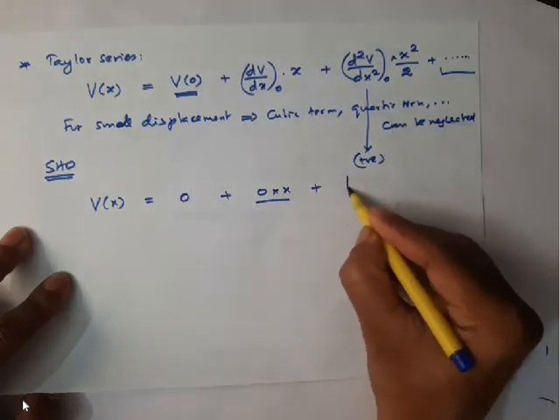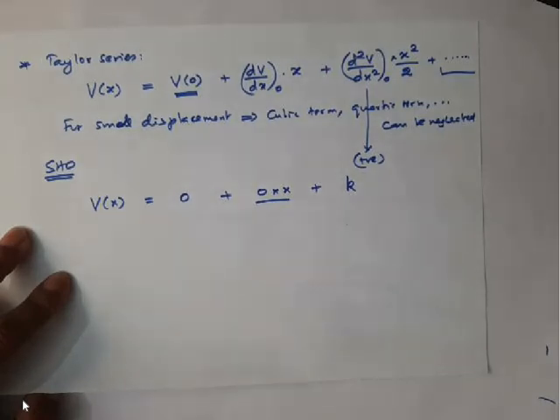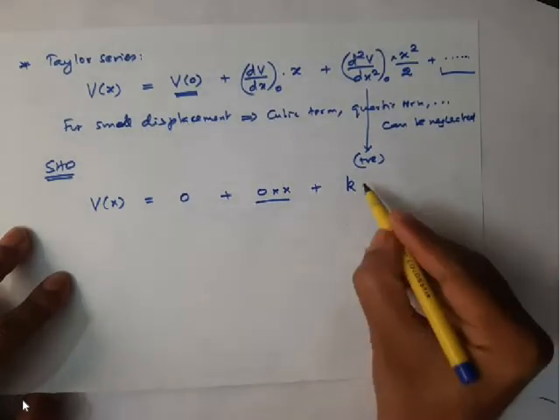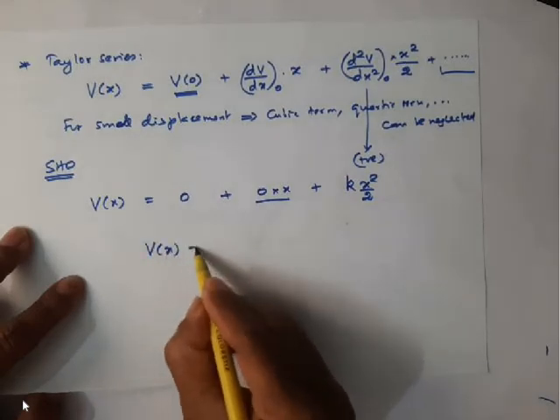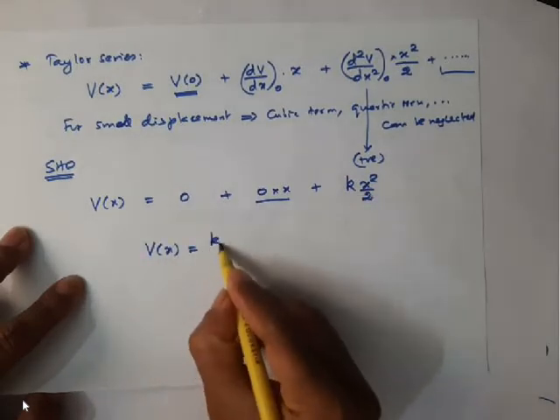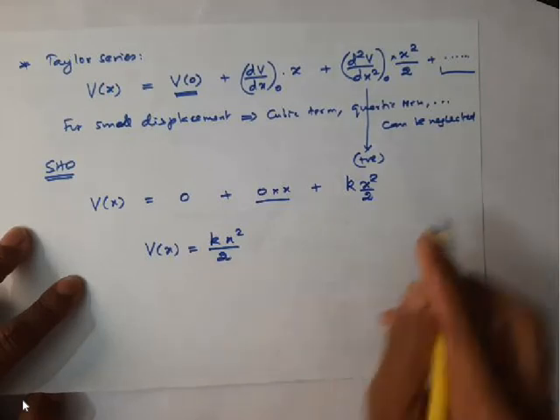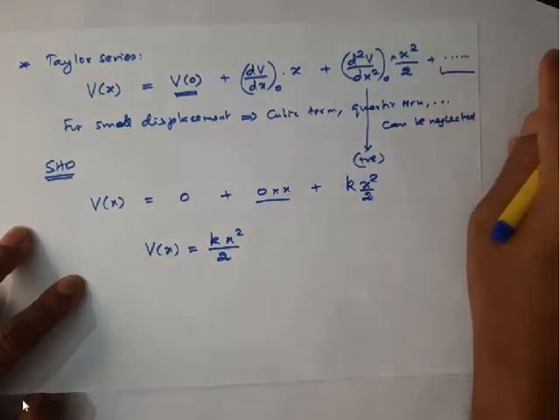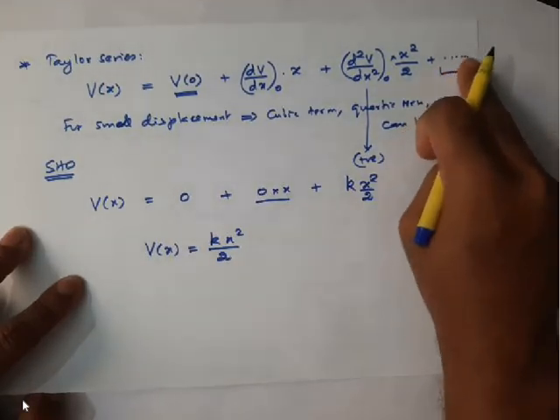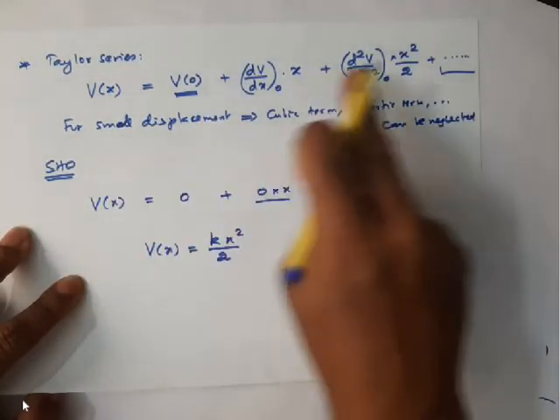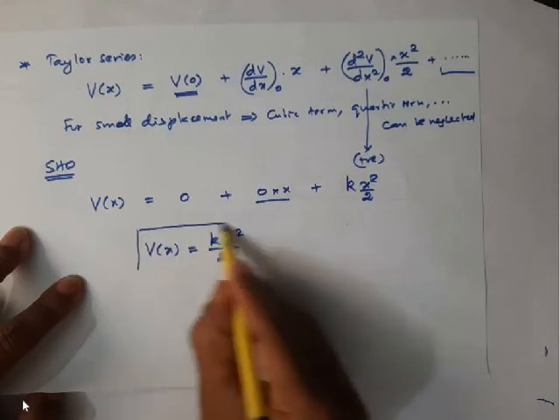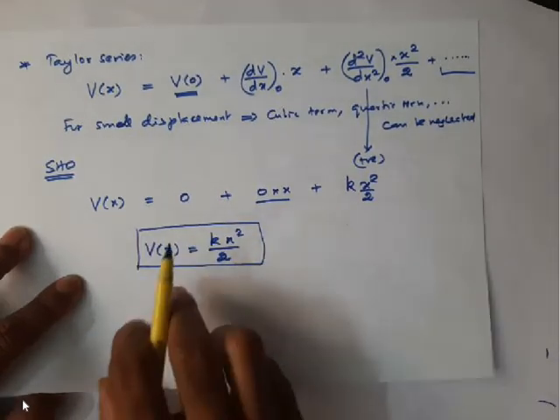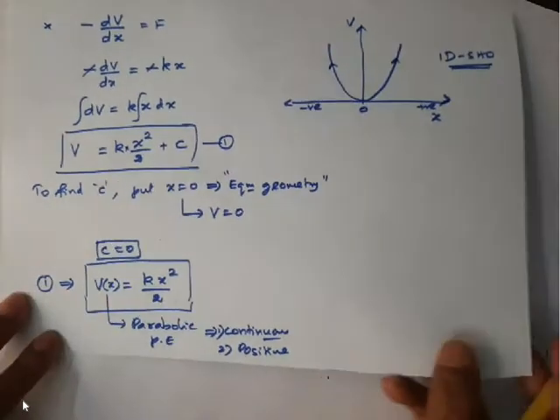That constant is represented as k, also called the force constant. So k into x square by 2. Under harmonic oscillation, the first term that survives is k x square by 2. The cubic and quartic terms also come, but their contributions under small displacement are negligible, so you can neglect them. Remember, this is the potential energy expression which we already got through Hooke's law.